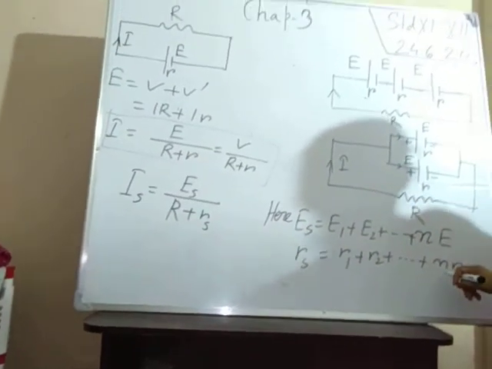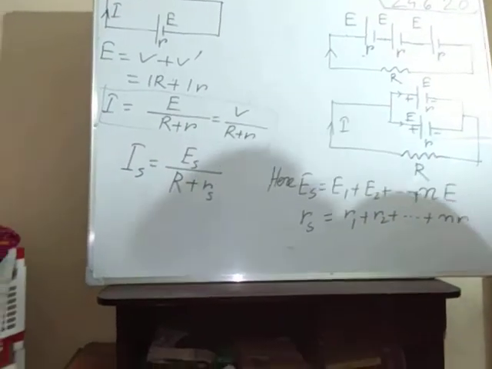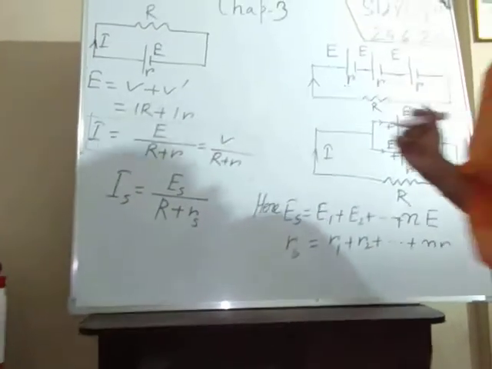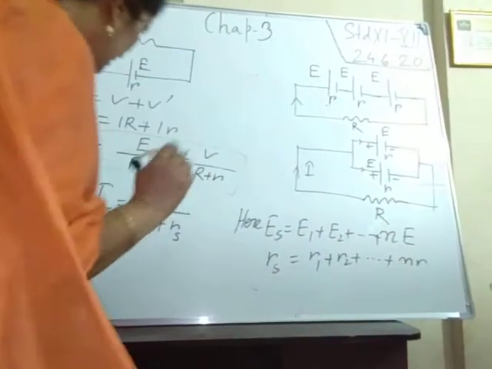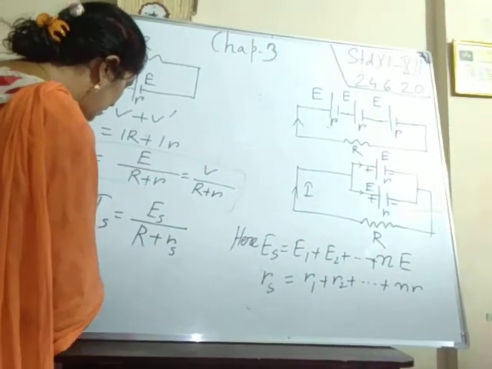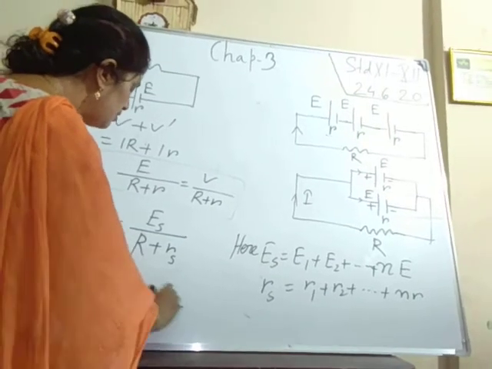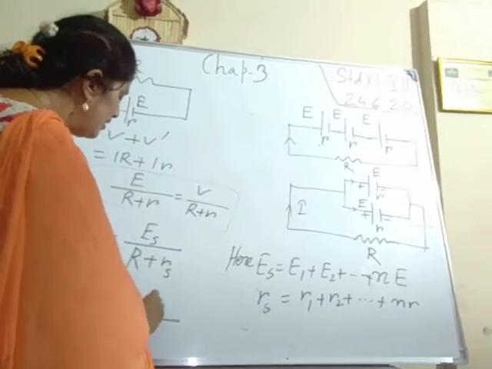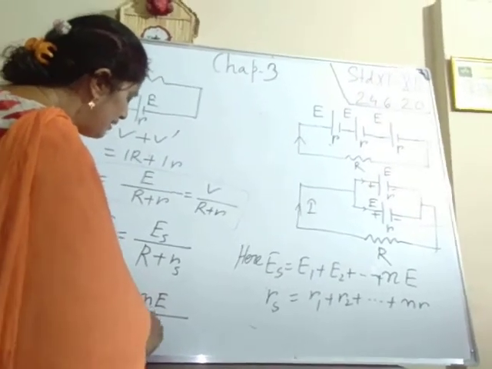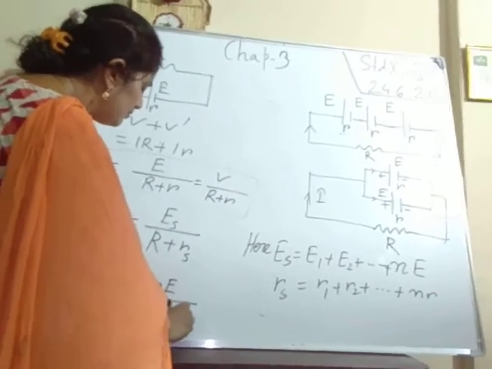And RS equals R1 plus R2, in this way NR. So the final equation that comes is IS equals NE by R plus NR.